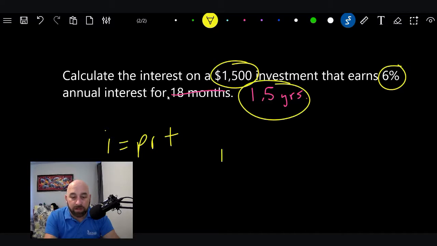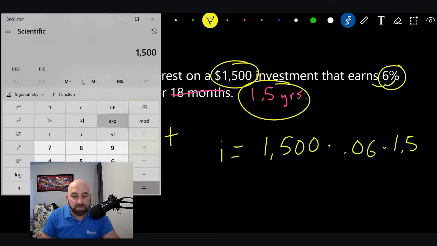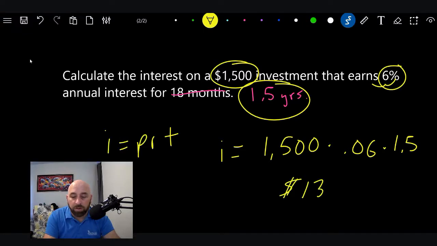So I equals P, 1,500, times the rate, 0.06, because we have to move the decimal point 2 places, times 1.5. Let's get our calculator out: 1,500 times 0.06 times 1.5 equals. We're going to make $135 in simple interest. 135, and that's called simple.